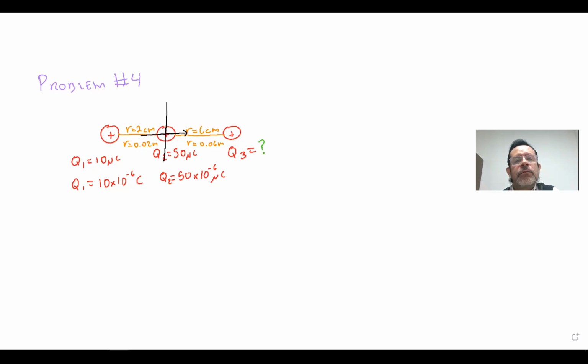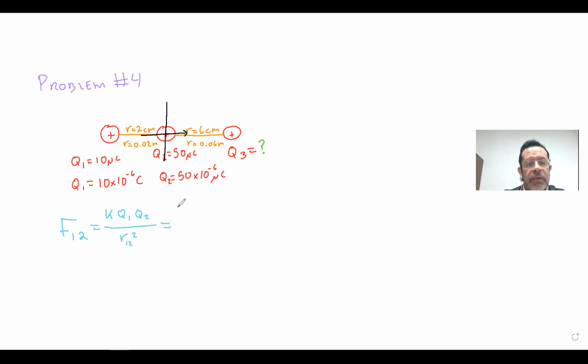And the same as the last one, we're going to have a force between charges 1 and 2. That's going to be K Q1 Q2 divided by R12 squared.